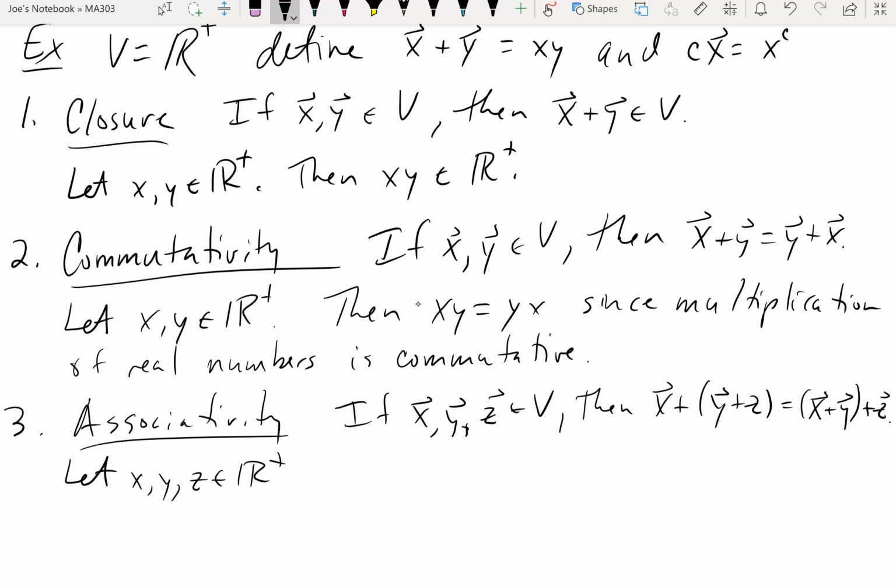So I need to start with three positive real numbers. But again, we already know something about the operation in this case. The operation for our vectors, the addition operation, is defined to be multiplication of the real numbers. We know that real number multiplication is associative.